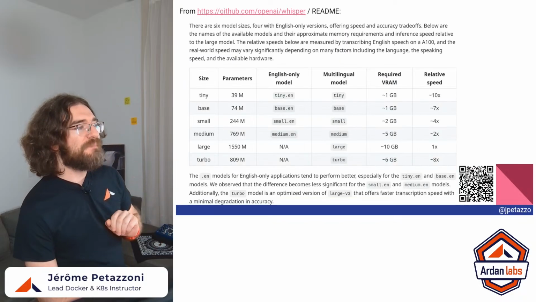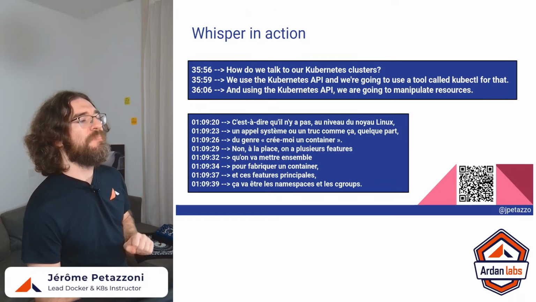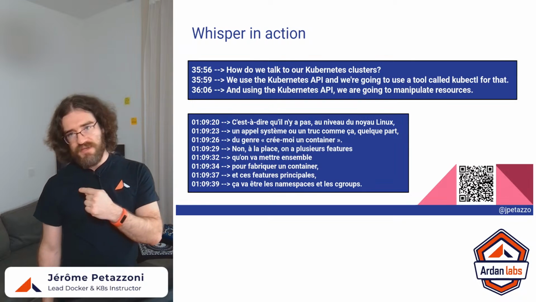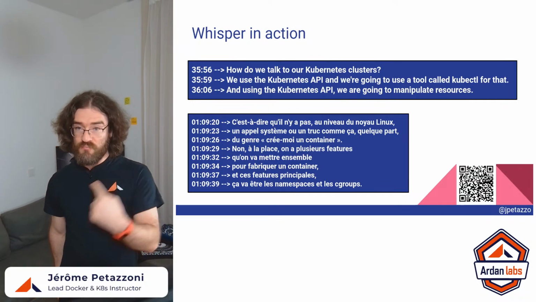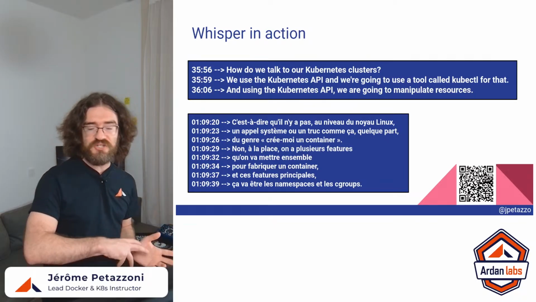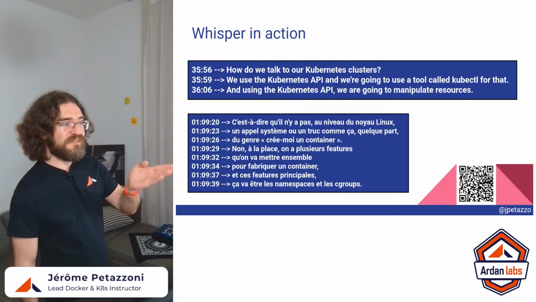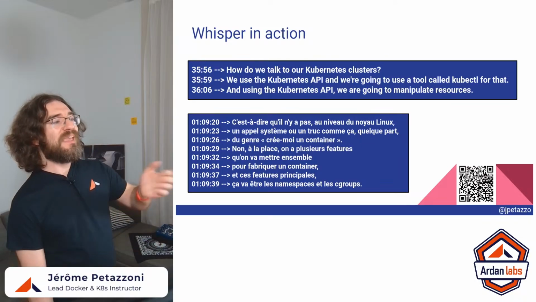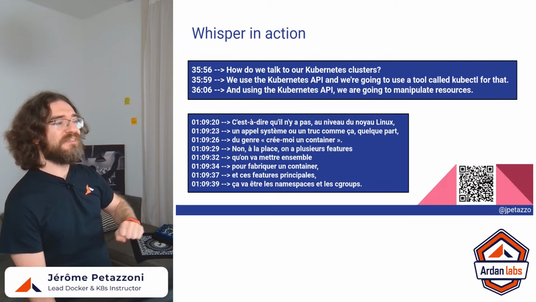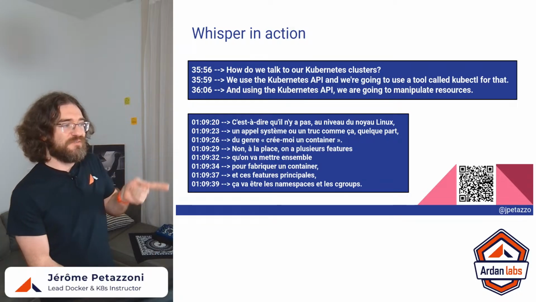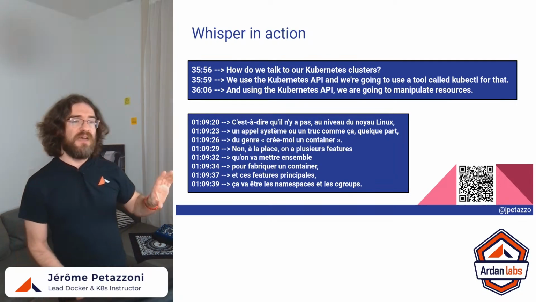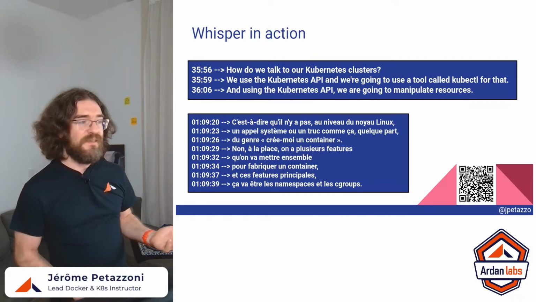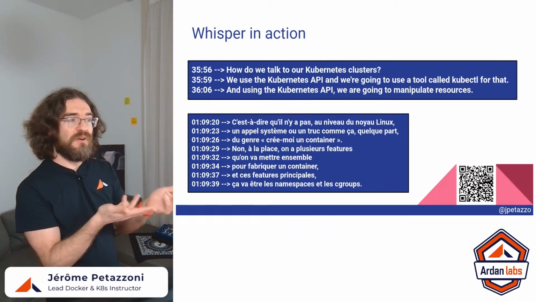And I was absolutely impressed by Whisper, because even with my thick French accent, and actually even if I speak in French, a mix of French and technical terms, for instance, if I say "pour fabriquer un container, ses features principales, ça va être les namespace et les cgroup", so literally that little bit of text here, Whisper pretty impressively manages to transcribe what I said, including the technical language.